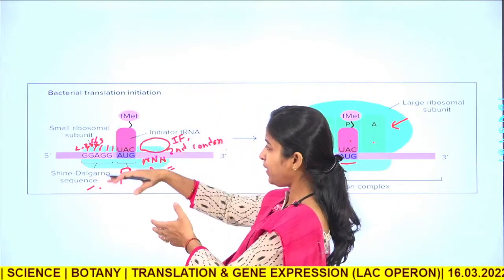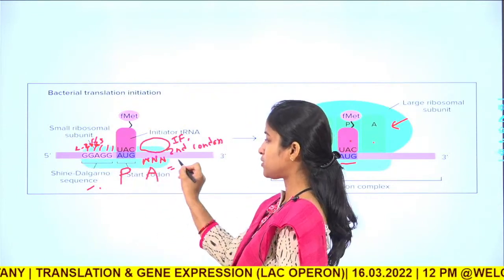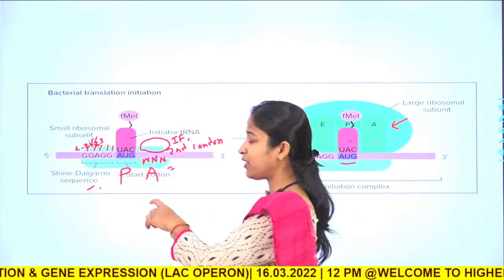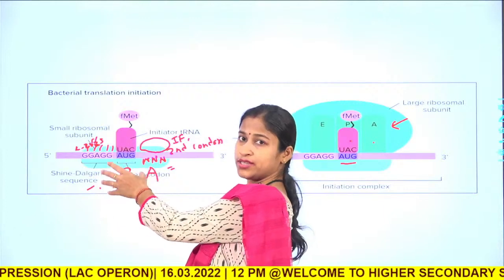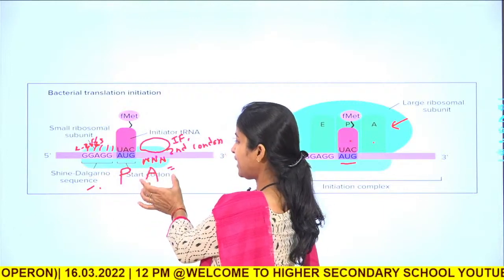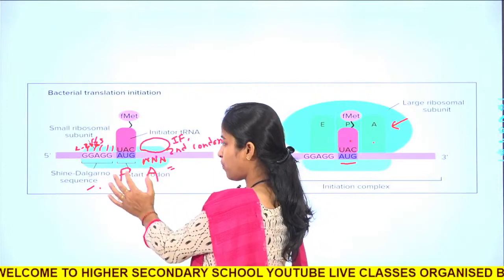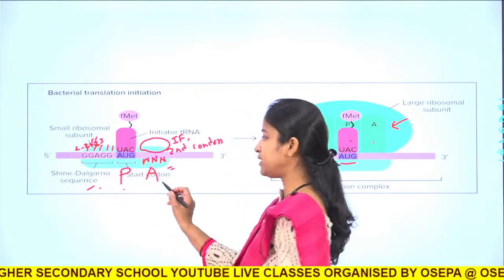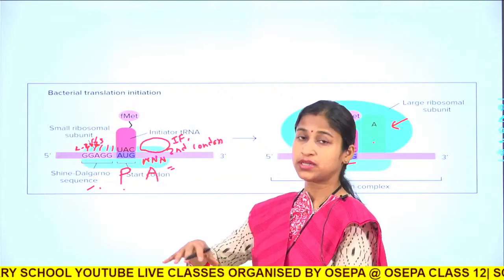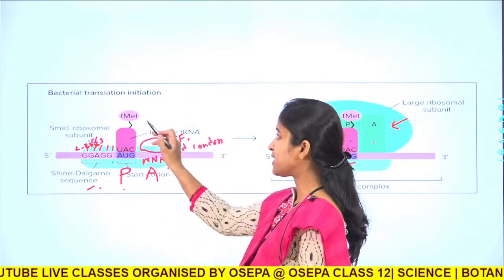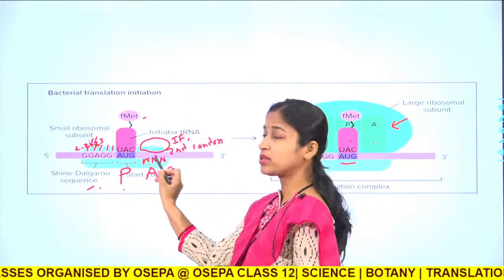Then the smaller ribosomal subunit is placed in such a way that the first codon, the AUG, is occupied by the P site and the second codon is occupied by the A site. But there may be chances that this formylated methionine may block this place.